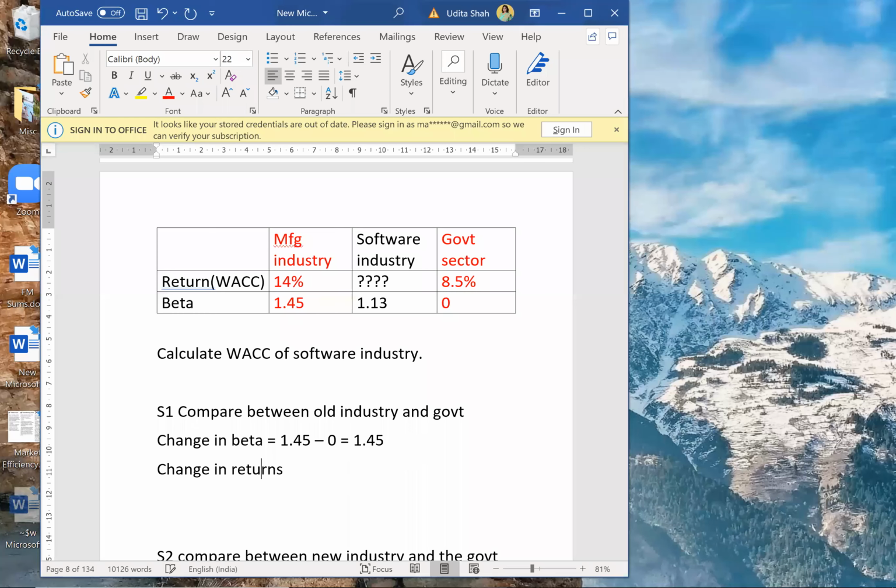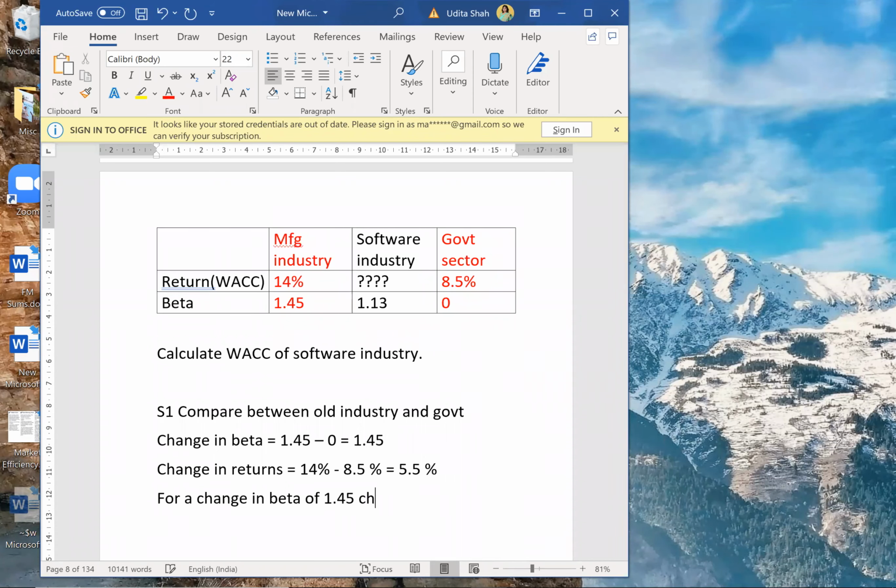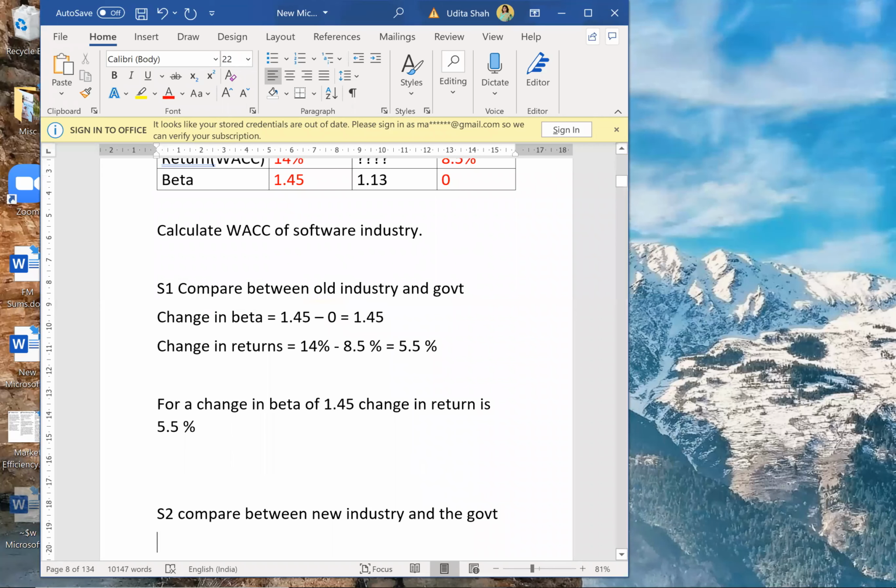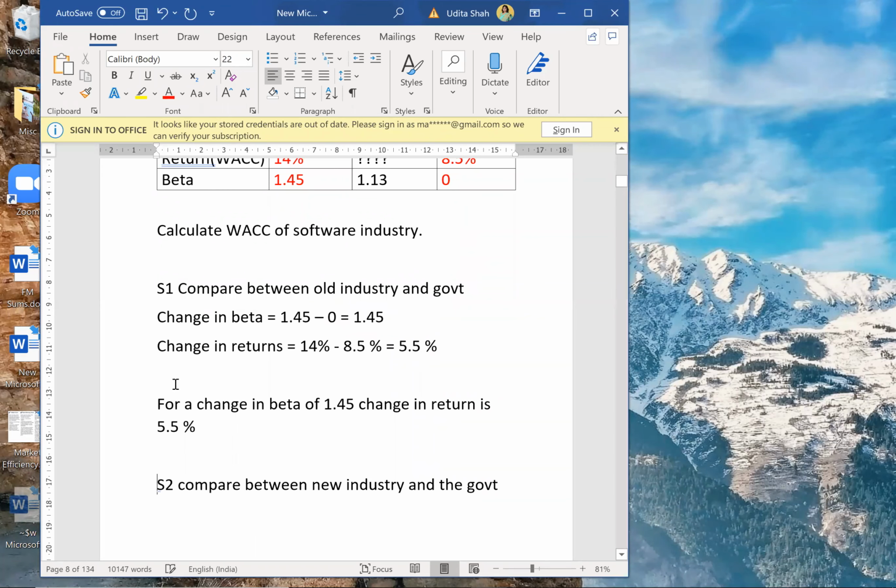So this will be 5.5%. Government sector return is 8.5%, manufacturing sector return is 14%, so change in return is 5.5%. So I can say for a change in beta of 1.45, change in return is 5.5%. That is step one.